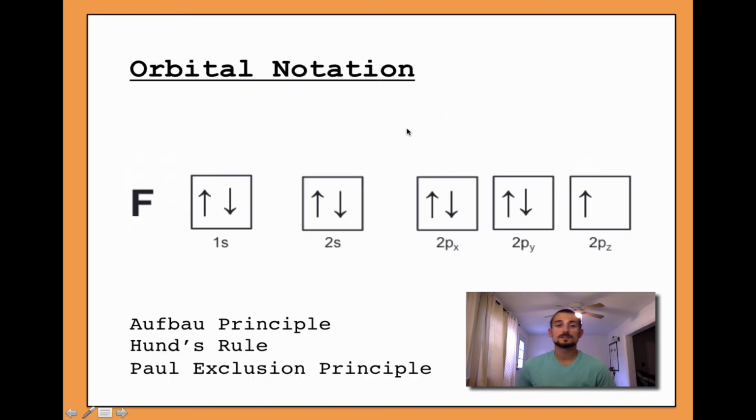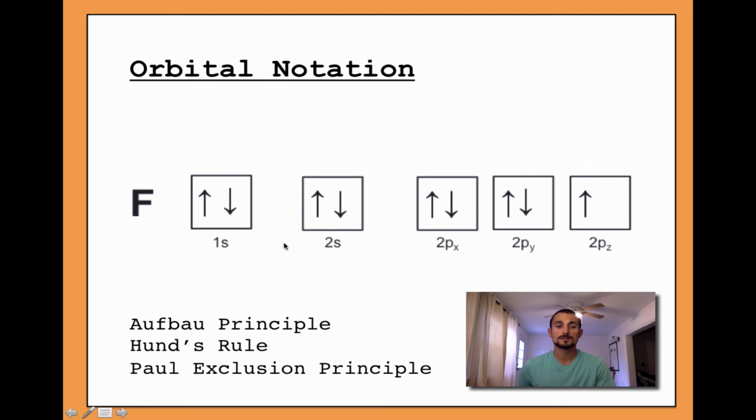Now we can use this knowledge to help us with orbital notation. And you can see here how it's drawn with pictures. Now these go into the use of 3 different rules. The Aufbau principle says every electron fills the lowest energy level first before going into the next energy level.